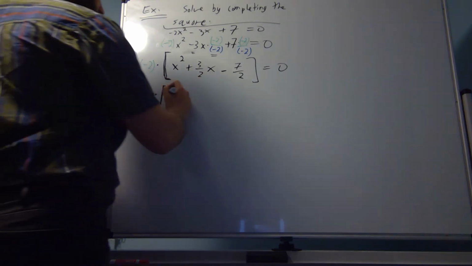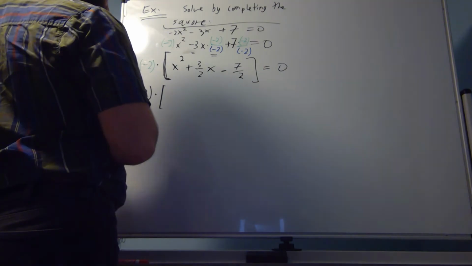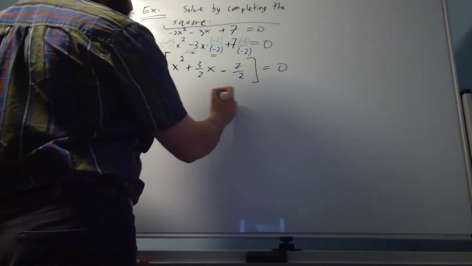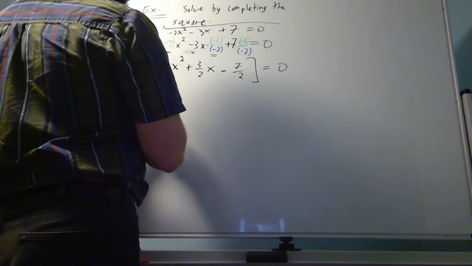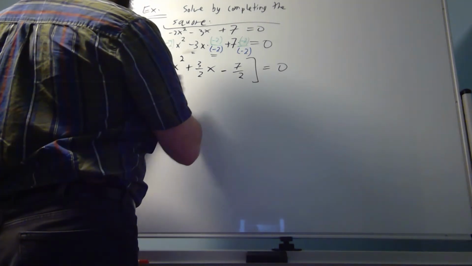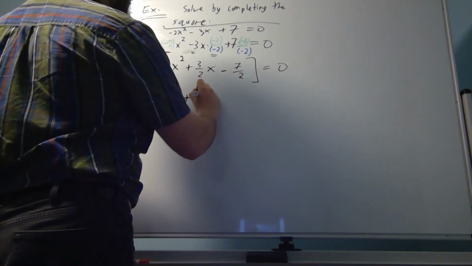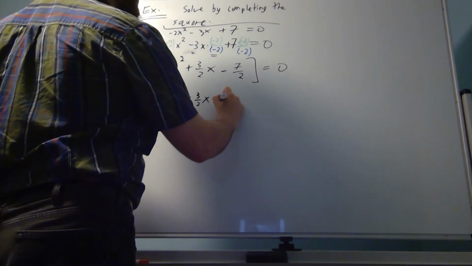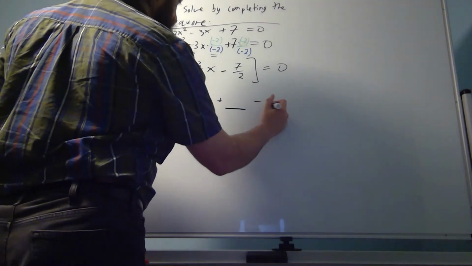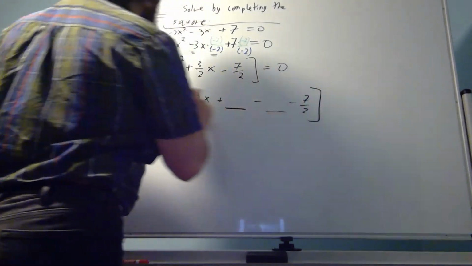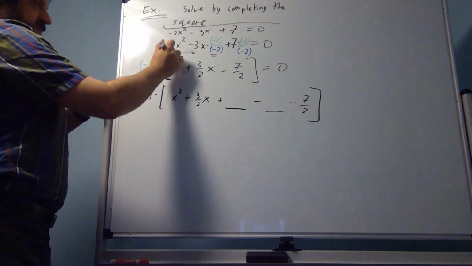Anyway, goal. We want the x squared plus constant x plus, we need a little bit more, and then we have to subtract something else. And this is all still happening inside the square brackets.